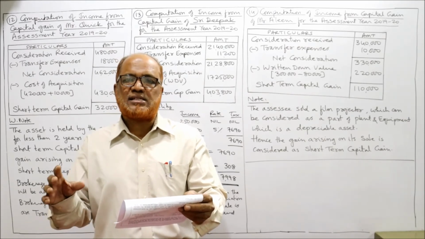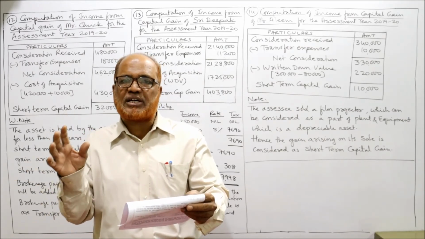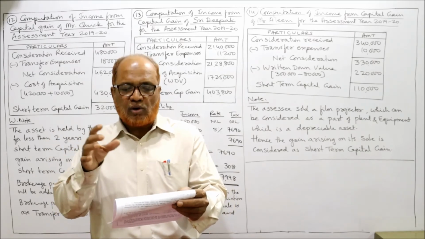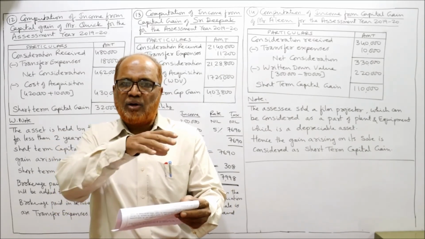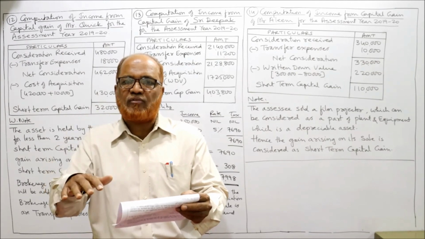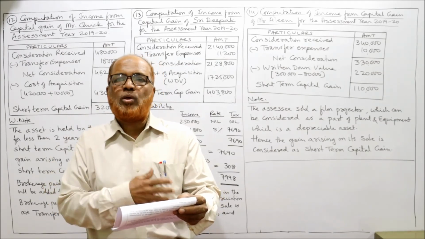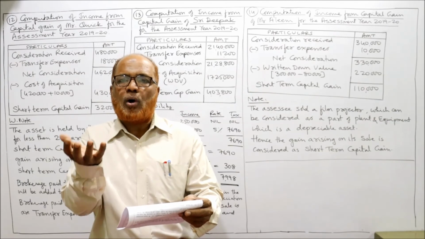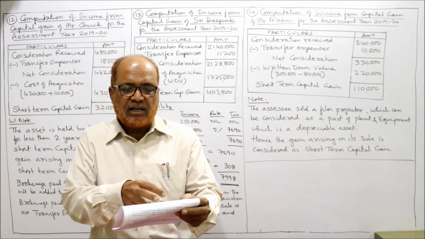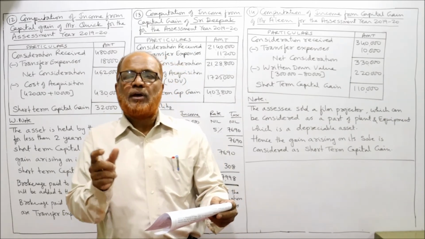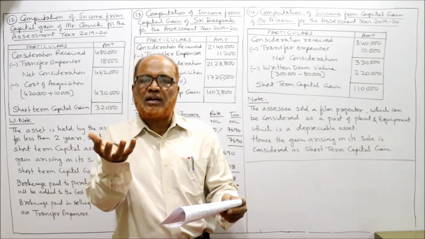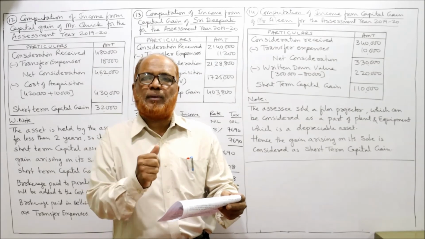So actually the assessee purchased a film projector, a machine, 2 years back for 3 lakh, and during the last 2 years, depreciation of 80,000 was provided. The written down value or book value of the projector is 3 lakh minus 80,000, so 2,20,000.